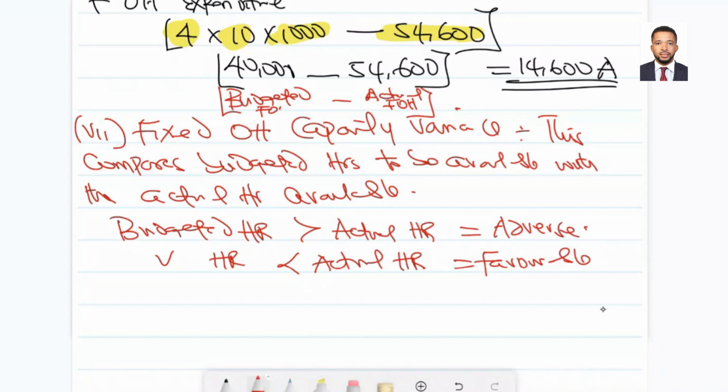So if I budget to have 10 hours for this period, eventually I'm having 5 hours, it means my production is limited because I don't have as many hours as I wanted. So it is adverse for me. So when you come to capacity variance, your emphasis should be on availability of hours and not utilization of hours. Do you understand?